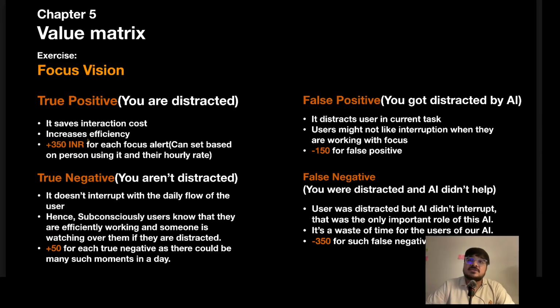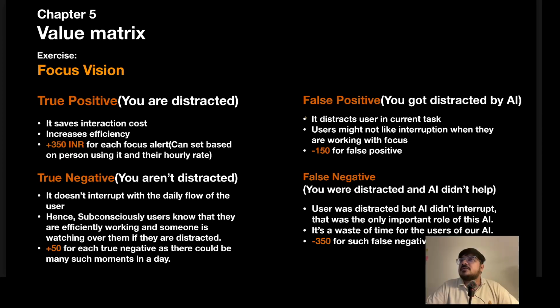In that case you also want to recognize this negative output from your AI, and that should be true. You aren't distracted, and the AI has also detected that you are not distracted. That's a positive incentive for us, so you are giving plus 50 points in that case.